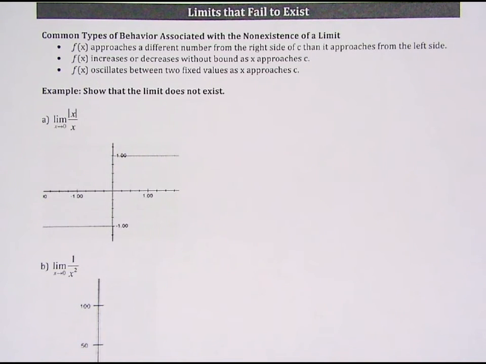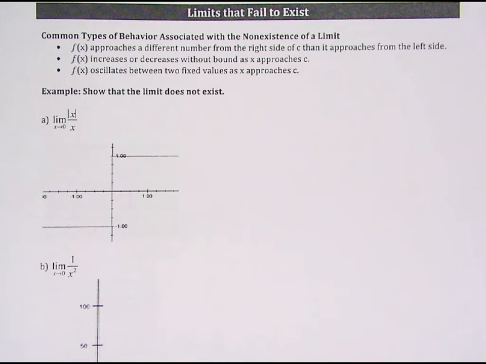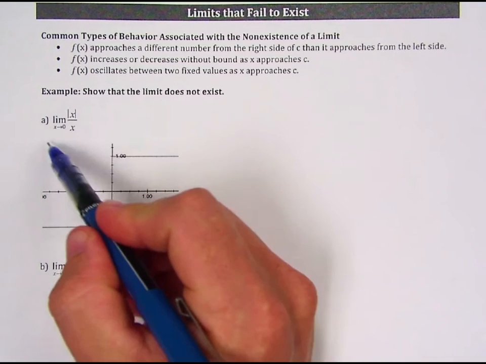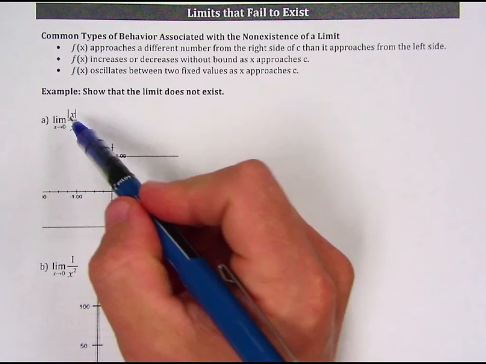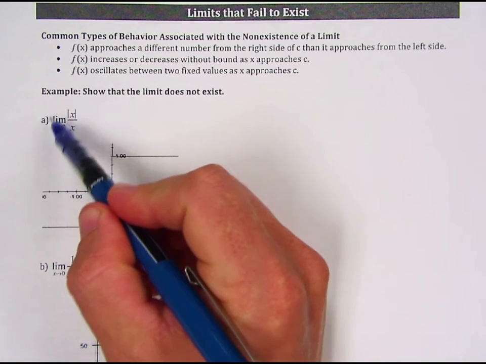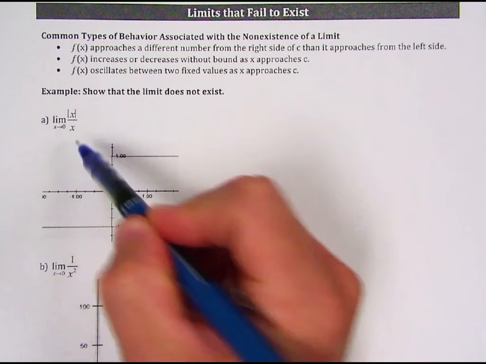So for our first example, it just says show that the limit does not exist. So here's our graph. And here is the equation we're looking for.